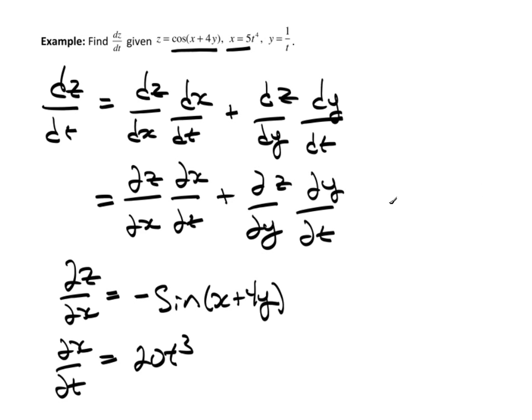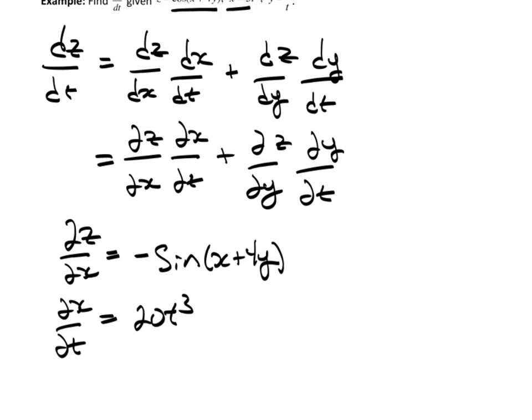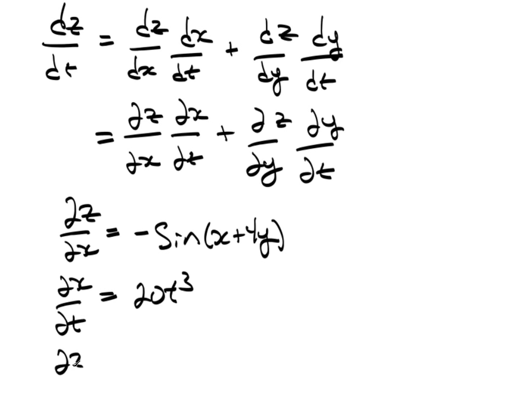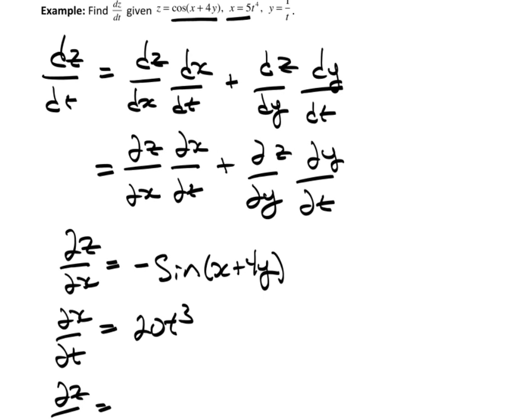And then I need the partial of z with respect to y, and remember z was given as cosine of x plus 4y.